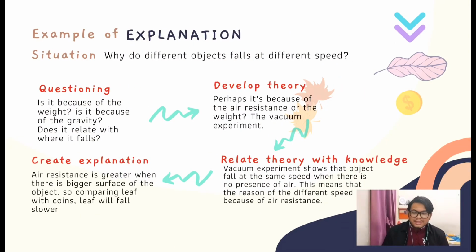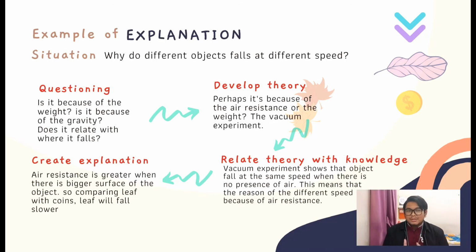So this is an example of explanation in a situation of why do different objects fall at different speeds. Sometimes we see a leaf fall from the tree very slowly, but at other times we can see that perhaps a durian or an apple falls from the trees at a very high speed. I believe that most of us have encountered this situation.